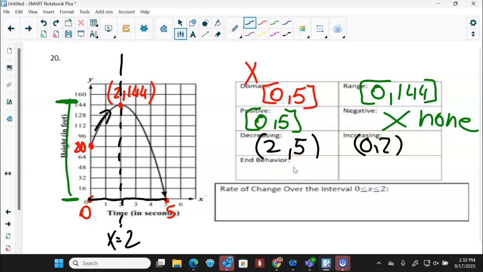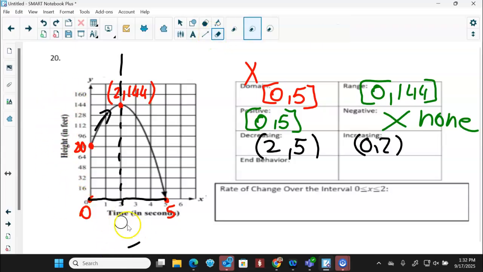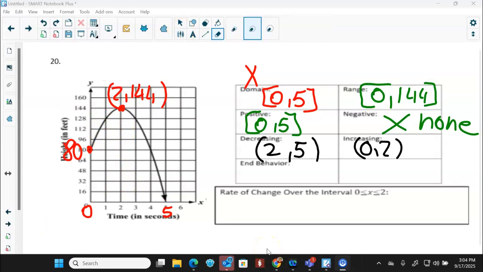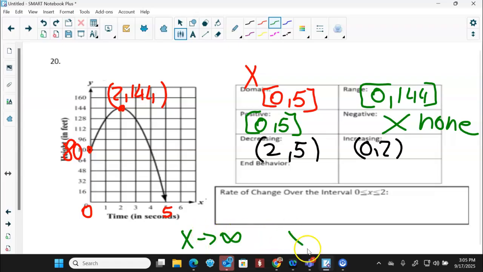Now, for end behavior, guys, this is left and right, but because we do not have infinities here, we are going to use the numbers, okay? So, since this is, again, a real life event, we can only use values that we've seen. So for end behavior, we cannot say X toward the right, positive infinity, or X toward negative infinity.